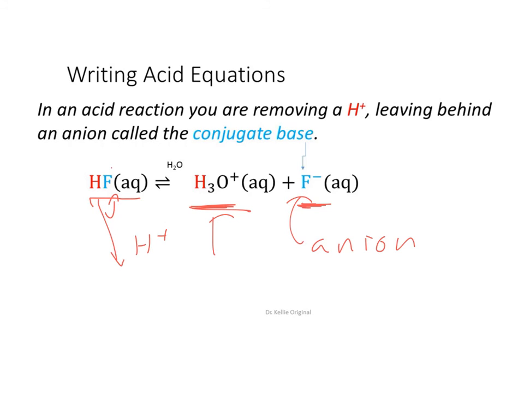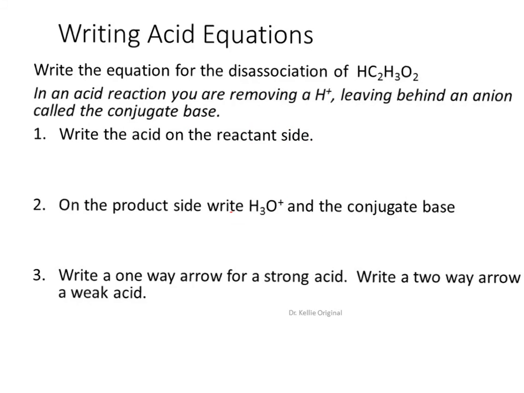Let's look at this in a stepwise fashion. You're told to write the equation for the dissociation of acetic acid. In an acid reaction, you are removing a hydrogen, leaving the anion behind. So the first thing you do in writing the reaction is you write the acid on the reactant side. So we've got acetic acid.